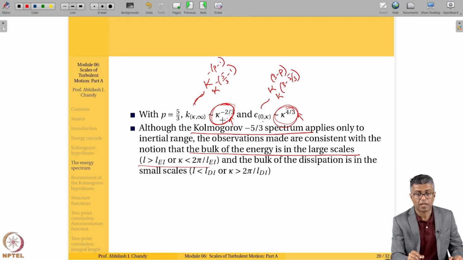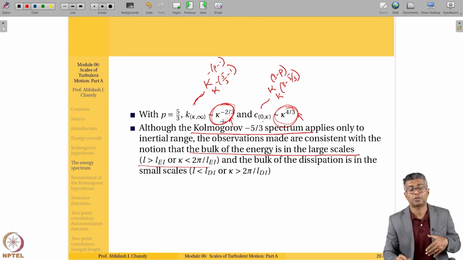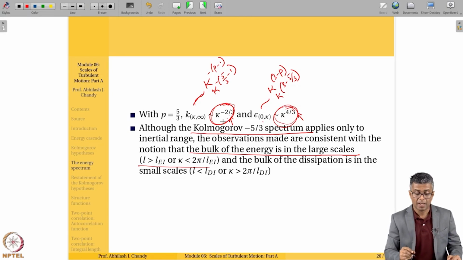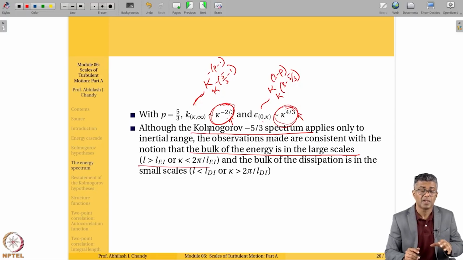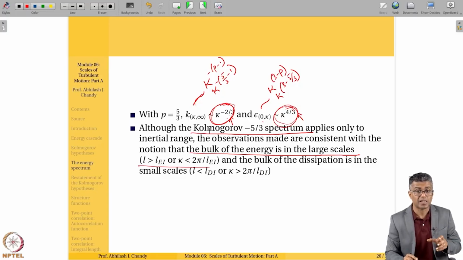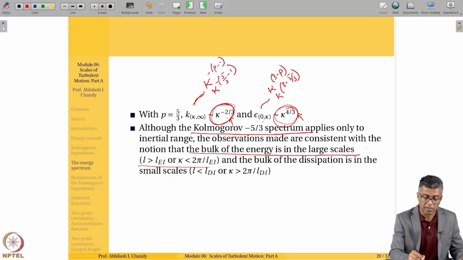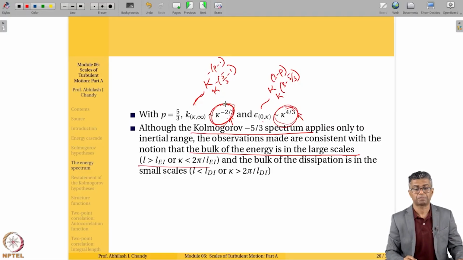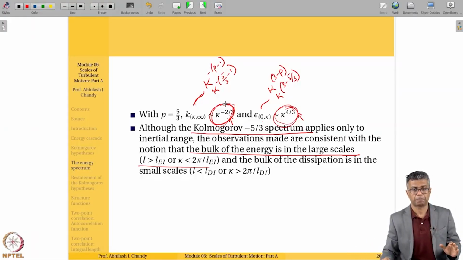The turbulent kinetic energy being proportional to kappa to the minus 2/3 tells me that as kappa is increasing, this value is going down, whereas as kappa is decreasing, I am at the larger length scales and the smaller wave numbers, and this number is a large number. So it is telling me that most of the energy is contained in the large scales, whereas the bulk of the dissipation happens at the small scales or the large wave numbers. I hope this was clear.